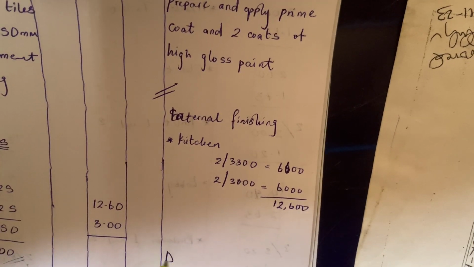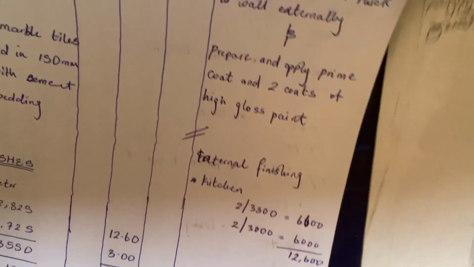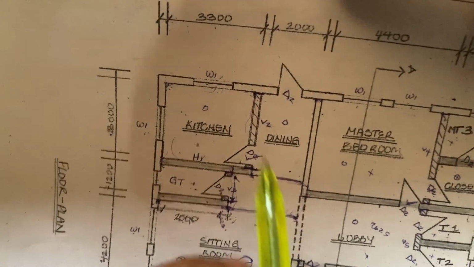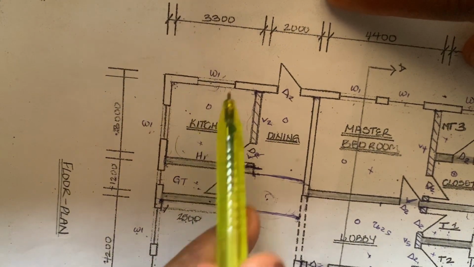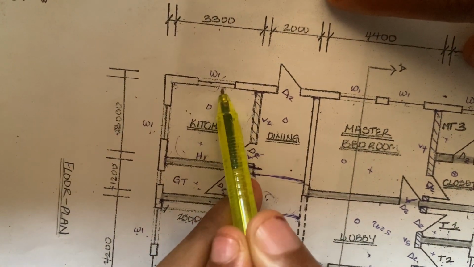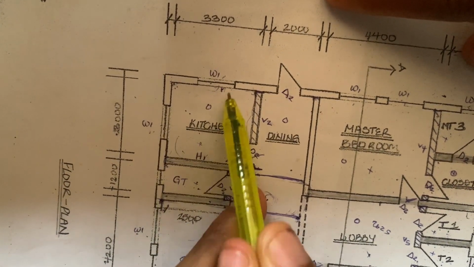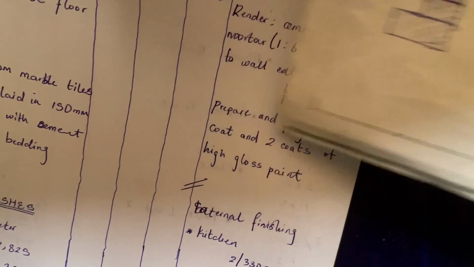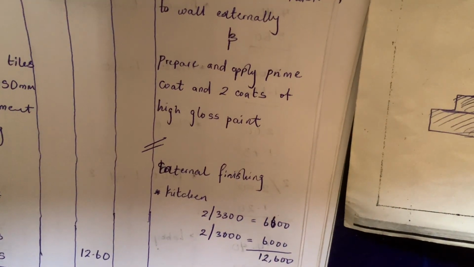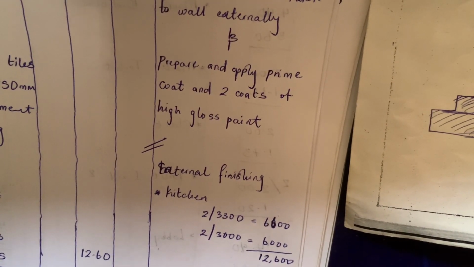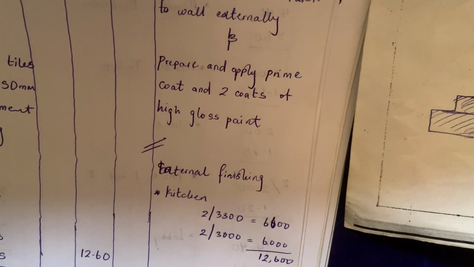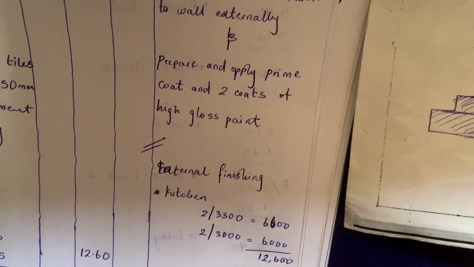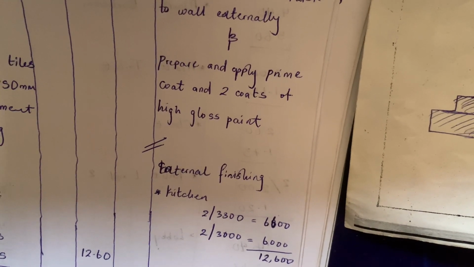Then we deduct openings. What are the openings we can see at the kitchen? We can see window 1, window 1, that's 2 window 1s, and door 2. So we're going to be booking window 1. What is the dimension of window 1? The dimension of window 1 is 1.5 by 1.5, so it will become 1.50 by 1.50, and then we close.